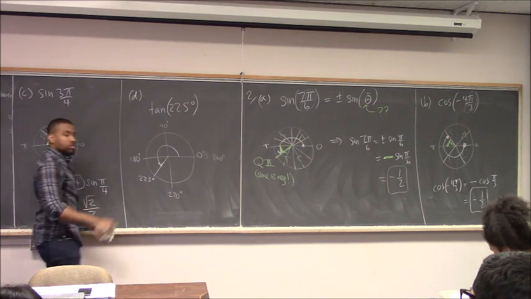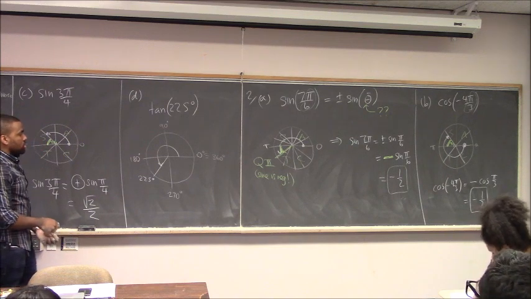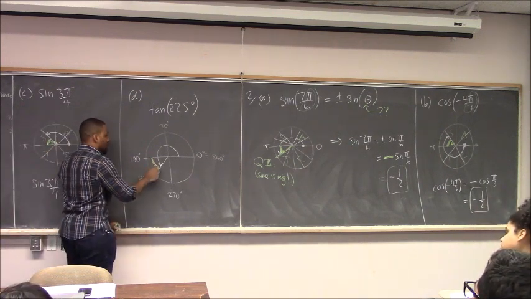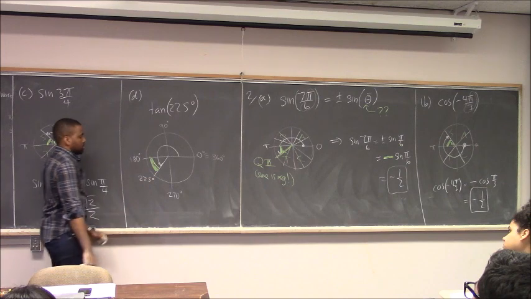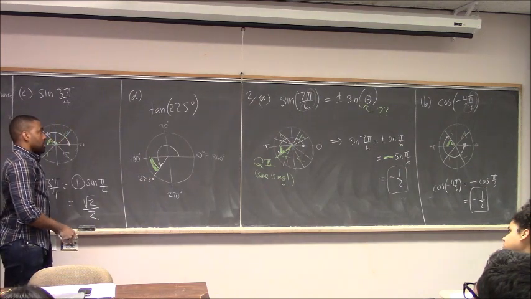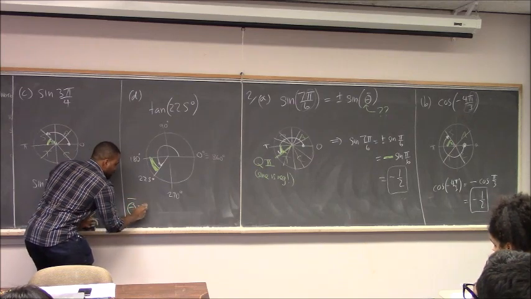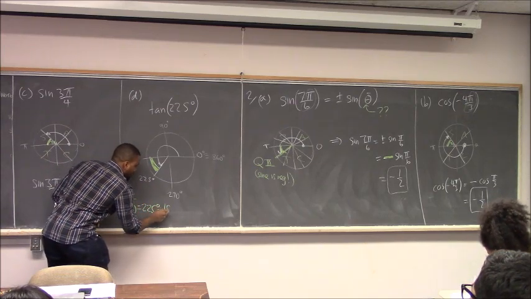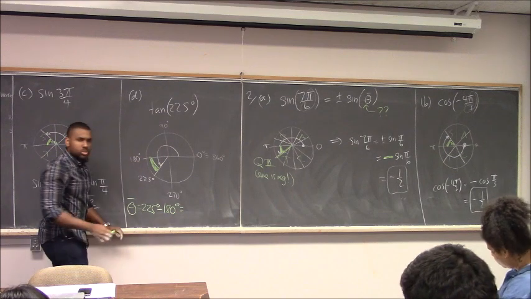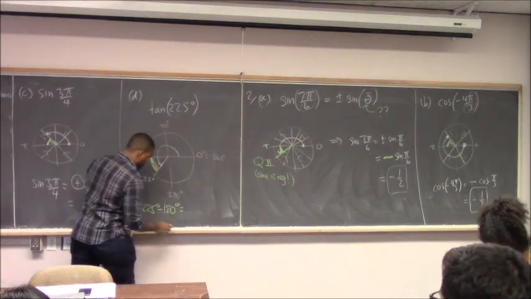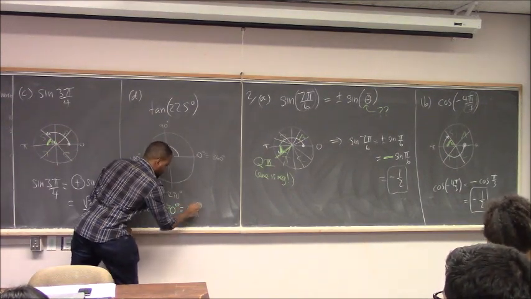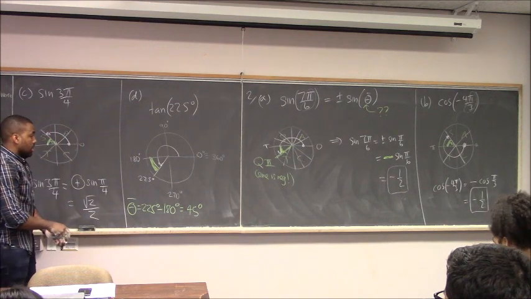Now, of course, I need to know what is the angle here. So you would take 225 and subtract 180 in order to find the reference. Your theta bar is going to be 225 minus 180, which is 45.